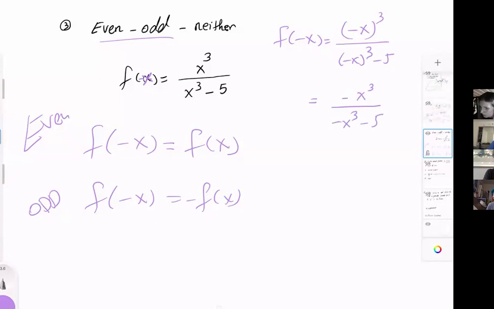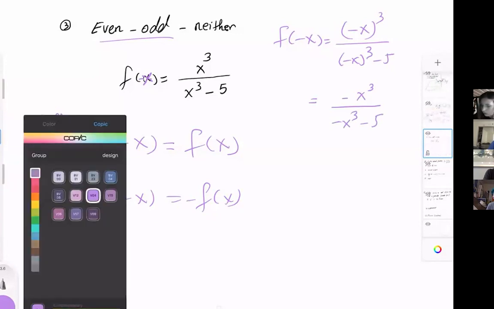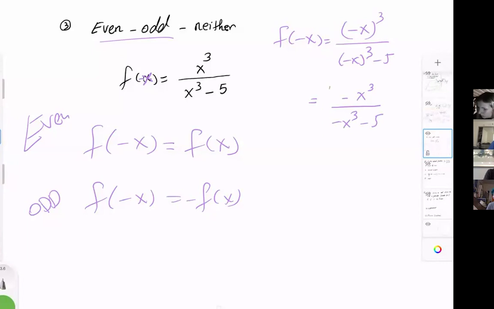So now you need to compare what we got with the original function. Is this exactly the same as that? No. So it's not even. Is that the negative of that? No. So I can factor the negative. So we have negative x cubed.